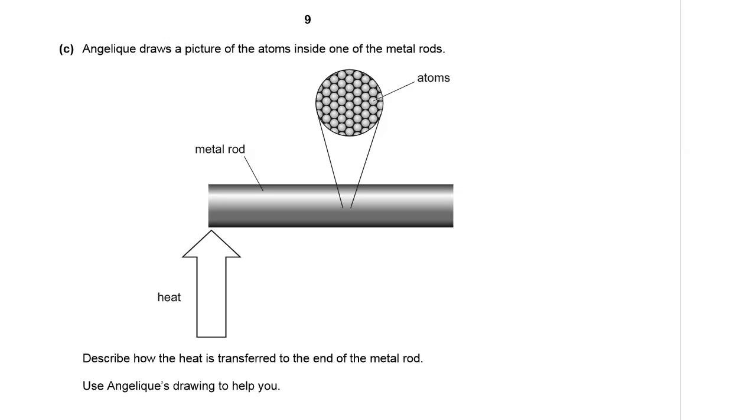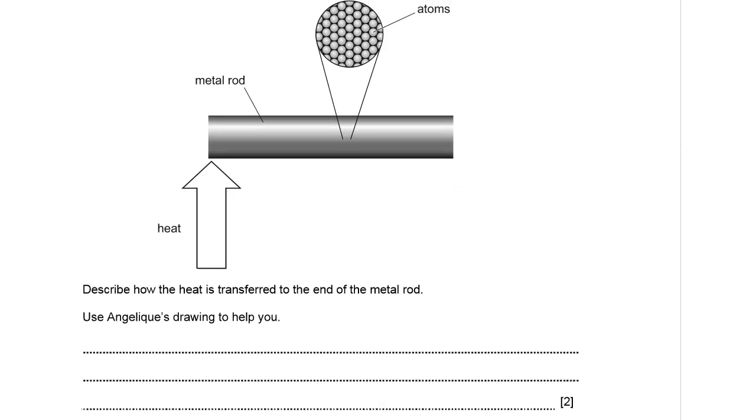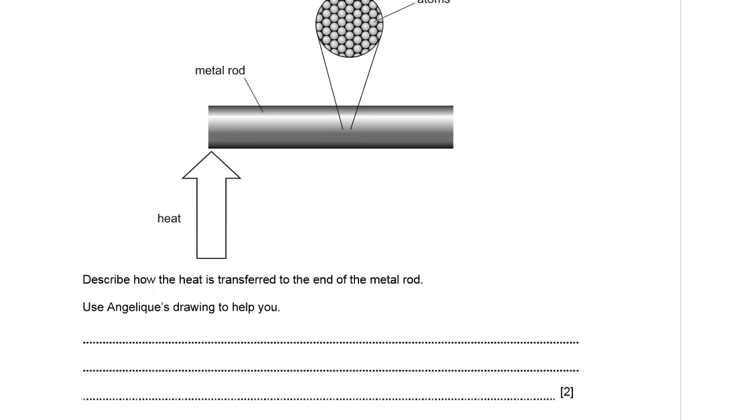Angelic draws a picture of the atoms inside one of the metal rods. Describe how the heat is transferred to the other end of the metal rod. Use Angelic's drawing to help you.